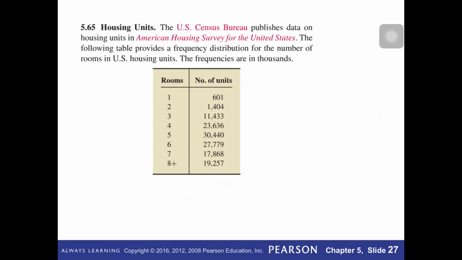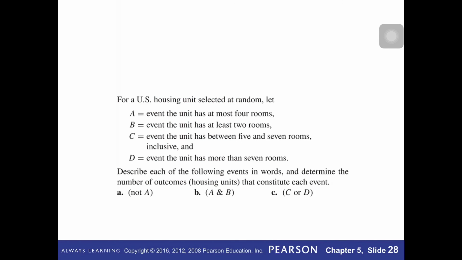There is another example based on the US census. So these are the room numbers. How many rooms? 1 to 8, and 8 plus. There is a number of units for each room. So using this, they have asked a few questions. This is exactly the same as the previous case.